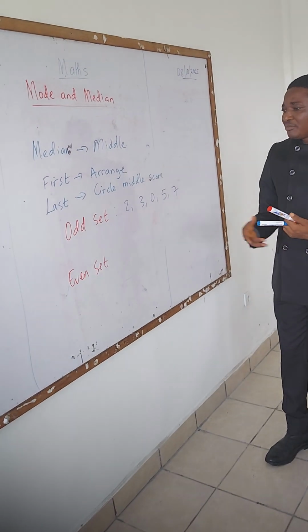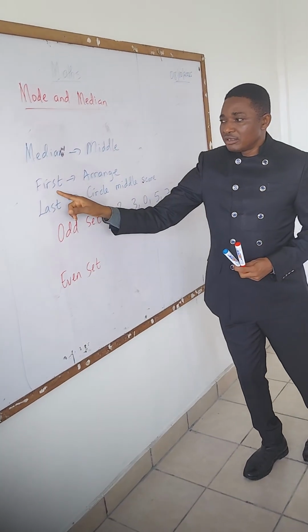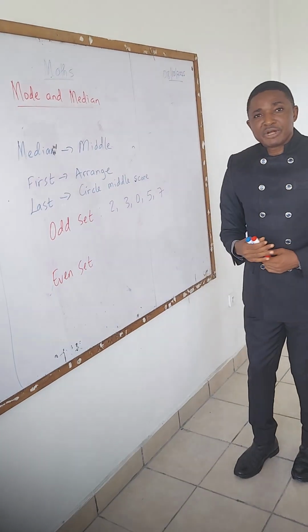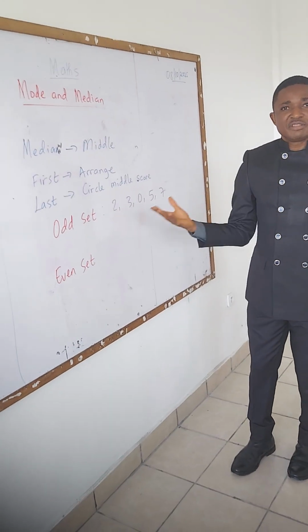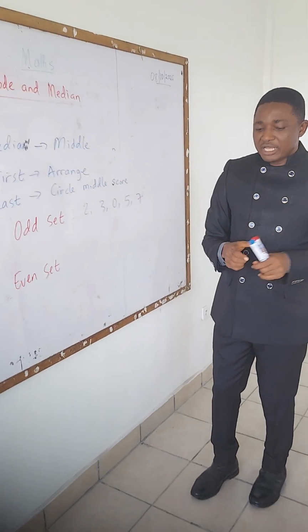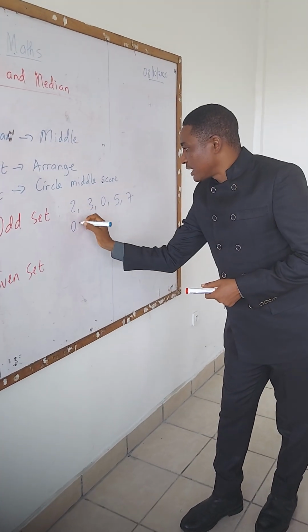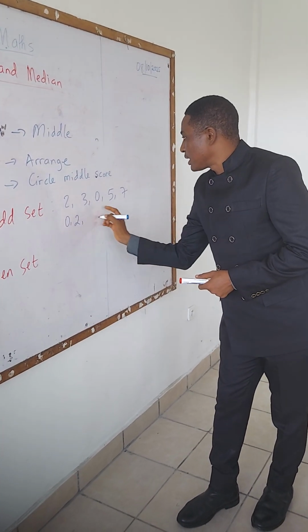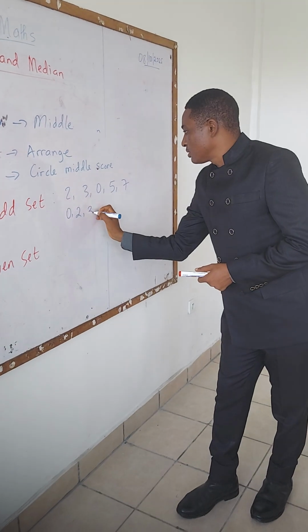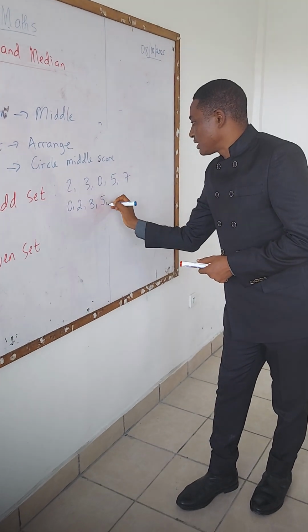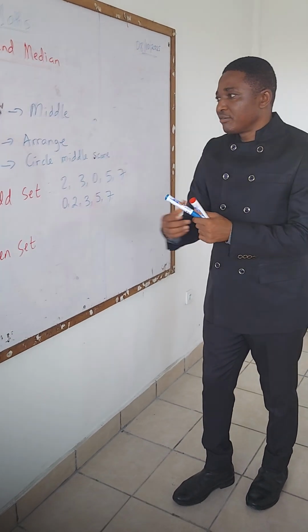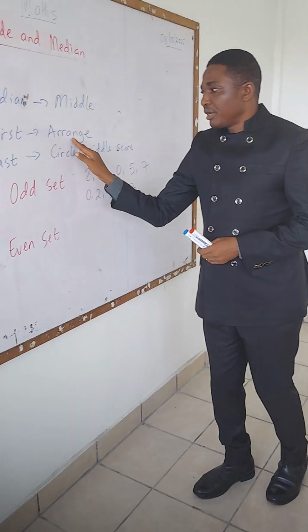Now, how do we find the median of this? Remember the rule again. First, you arrange. What does it mean to arrange? To order these scores from lowest to highest. So the smallest score is 0. Next, we have 2. Next, we have 3. And then 5. And finally, 7. We have applied the first rule to arrange.